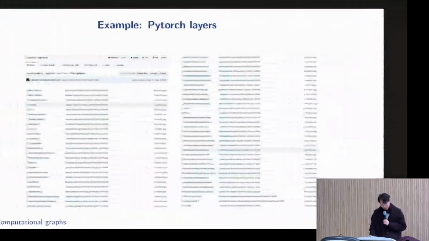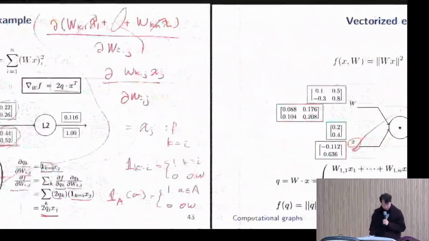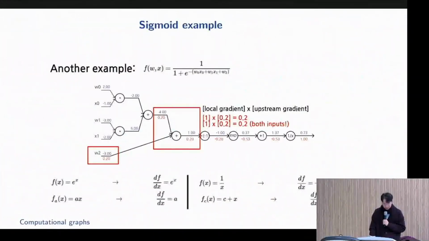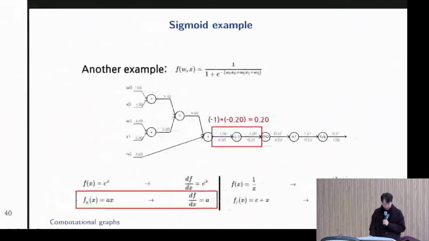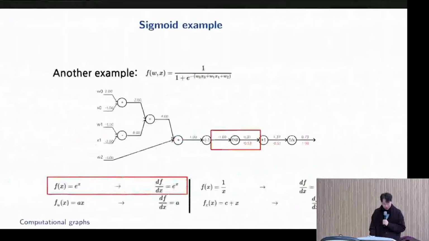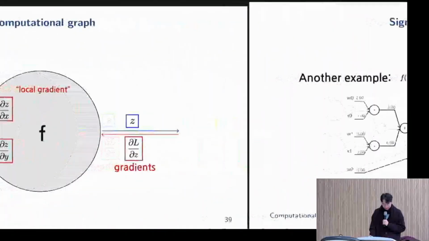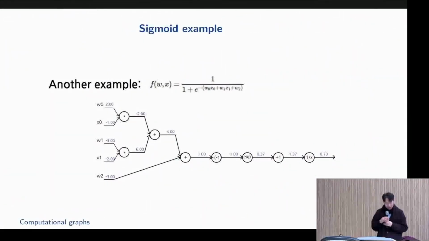Okay, so I think we covered most of the materials except the sigmoid, and since we have a little bit of time left, let's try to cover this as well. This is just another example of a slightly more complicated computation graph. We're going to come back to this function later.